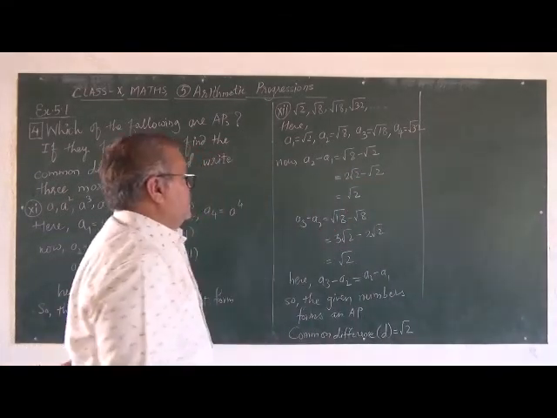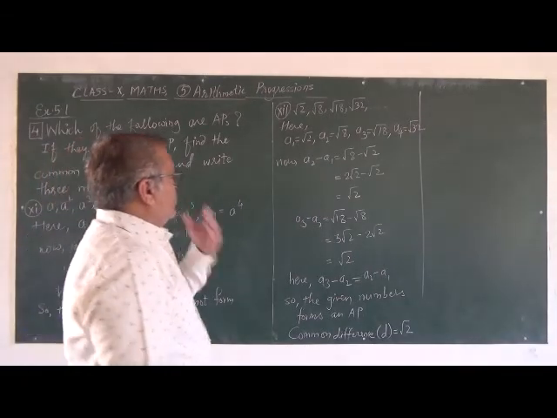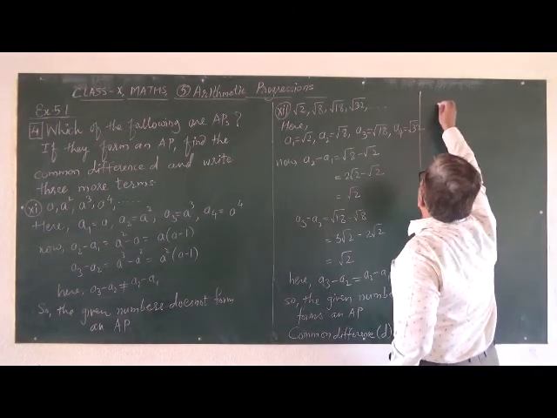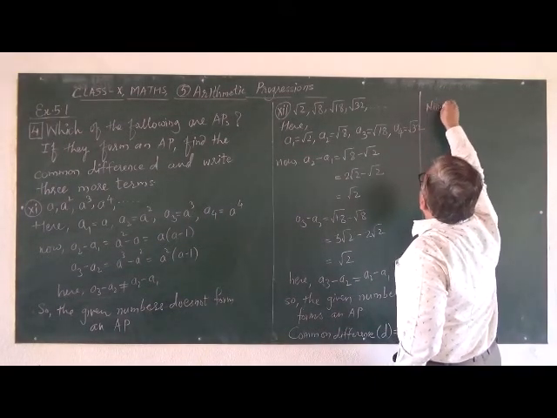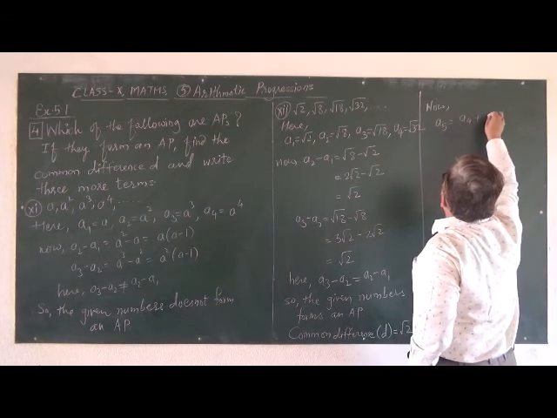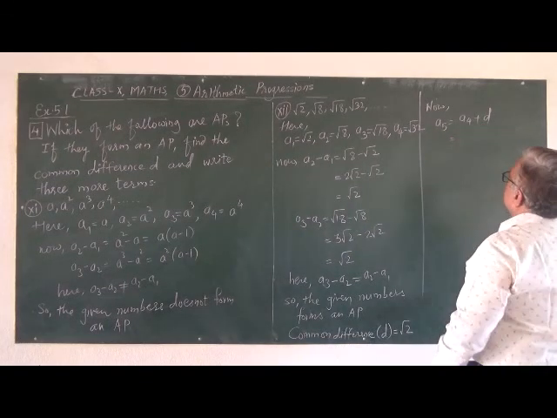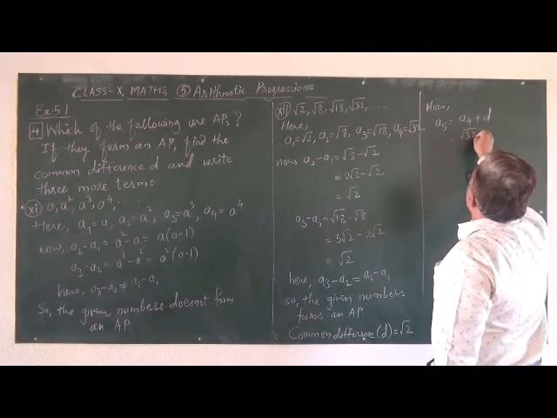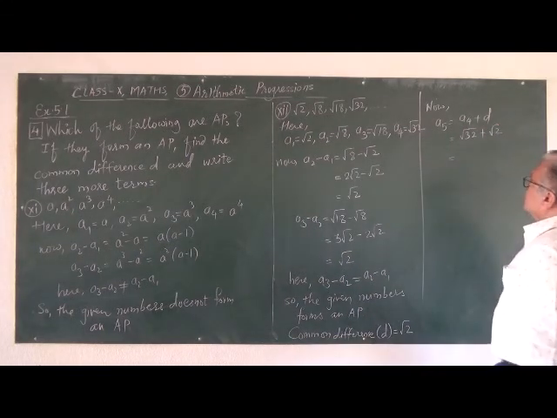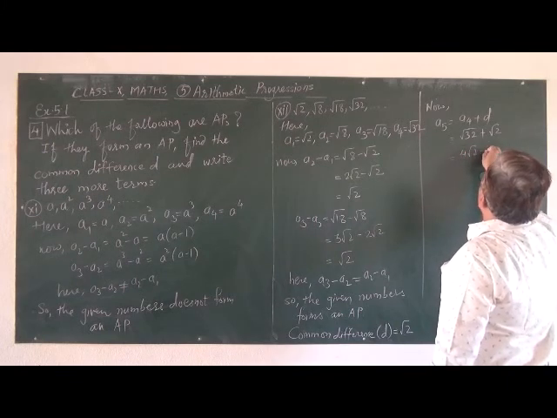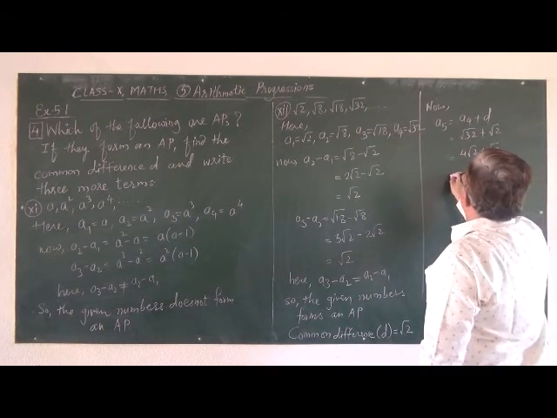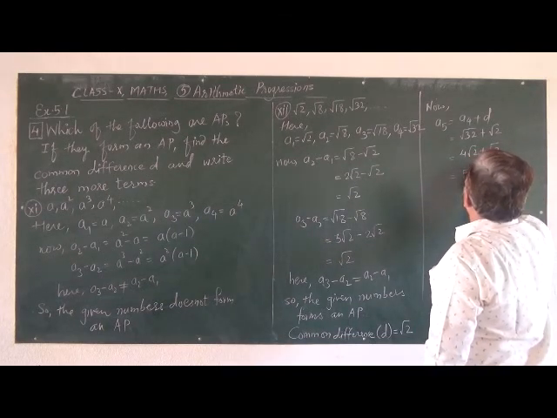Now, if it is an AP, then you have to find 3 more terms. So we want to find A5, A6 and A7. A5 can be calculated as A4 plus D. What is A4? The fourth term is root 32. Root 32 plus D, that is root 2. So root 32 can be written as 4 root 2 plus root 2, so that is 5 root 2.